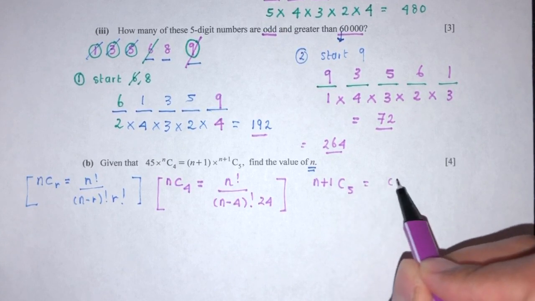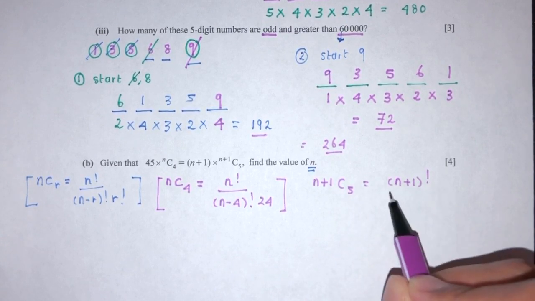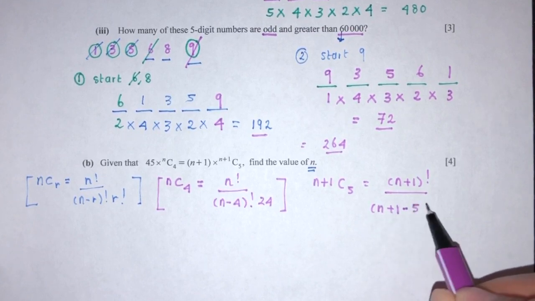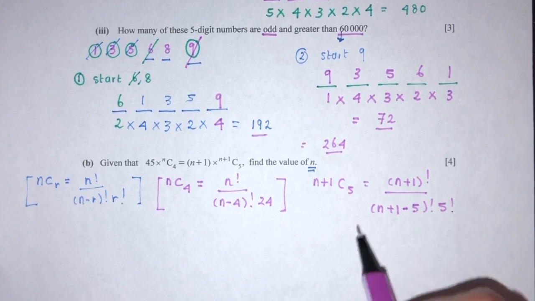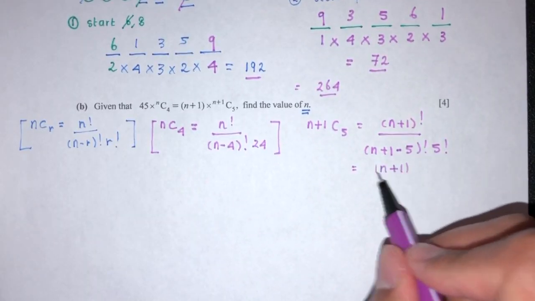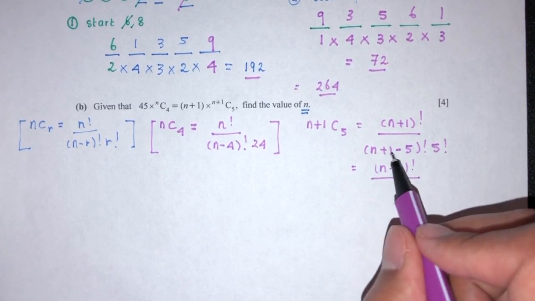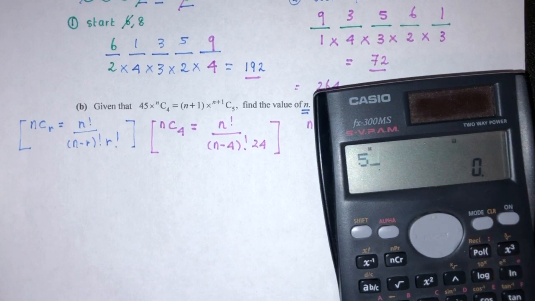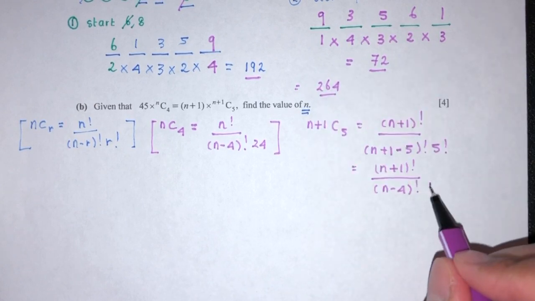That will be n plus 1 factorial over n plus 1 minus 5 factorial times 5 factorial. That will be n plus 1 factorial over n minus 4 factorial, and 5 factorial is simply the value of 120.